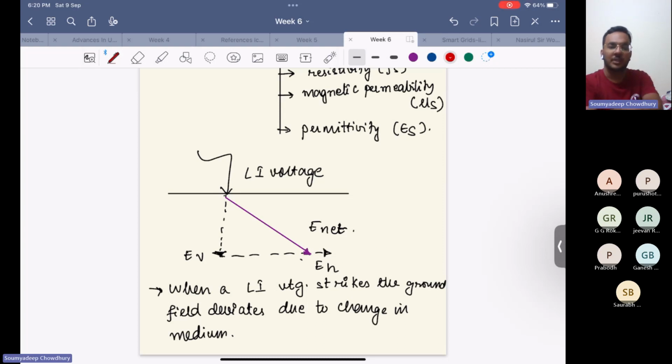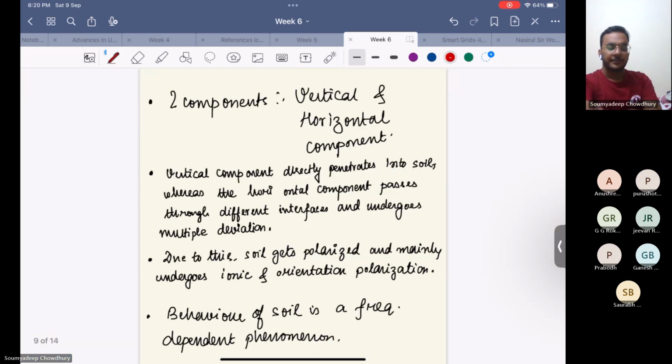Why does this deviation occur? This is because of the change in medium. Soil is considered a multi-dielectric medium. Like the refraction of light, which occurs because there is a change in the refractive index from one medium to another.